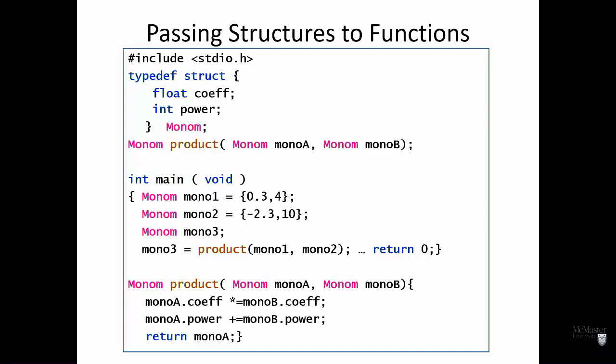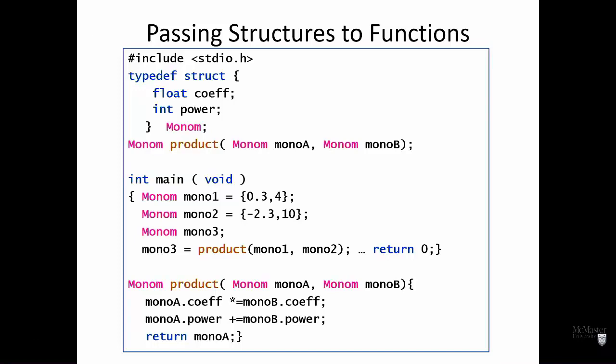When you return mono A, mono 3 is going to be the same as mono A or mono 1, so when you modify mono 3, that also reflects mono 1. Yeah, which is very similar to what he said: because you changed mono A, you are also changing mono 1, right? When you assign to mono 3, mono 3 will also have the multiplication. If mono 1 is changed, that means mono 1 and mono 3 are equal. This is what you are saying, right?